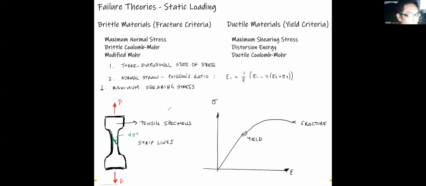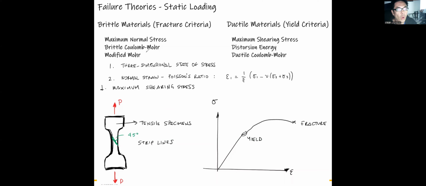Okay, so we already know how to use the fracture criteria to evaluate the safety factor or the fracture behavior for brittle materials. Now we're going to look at ductile materials by the yielding criteria.